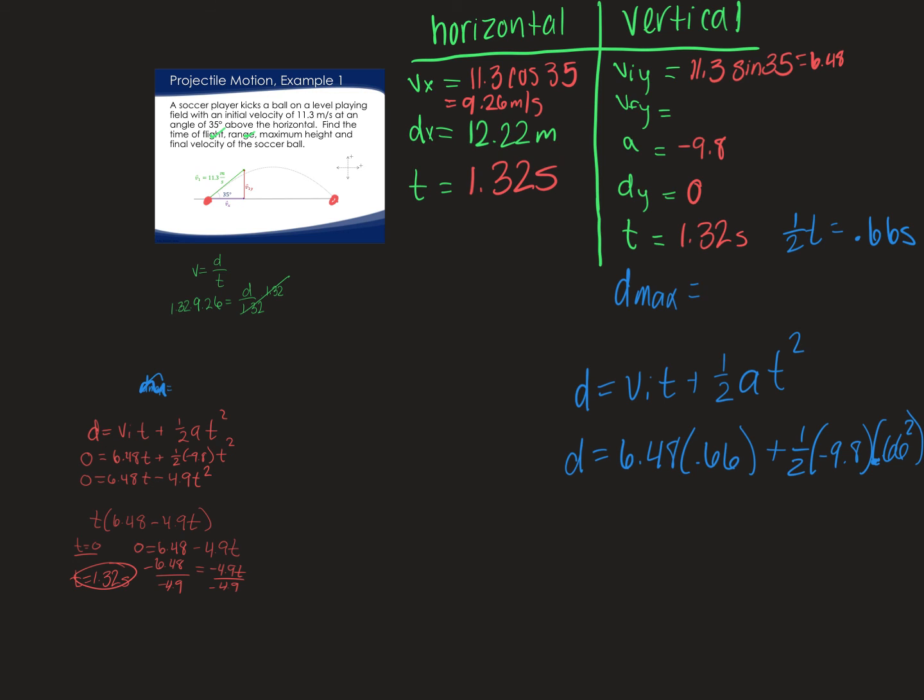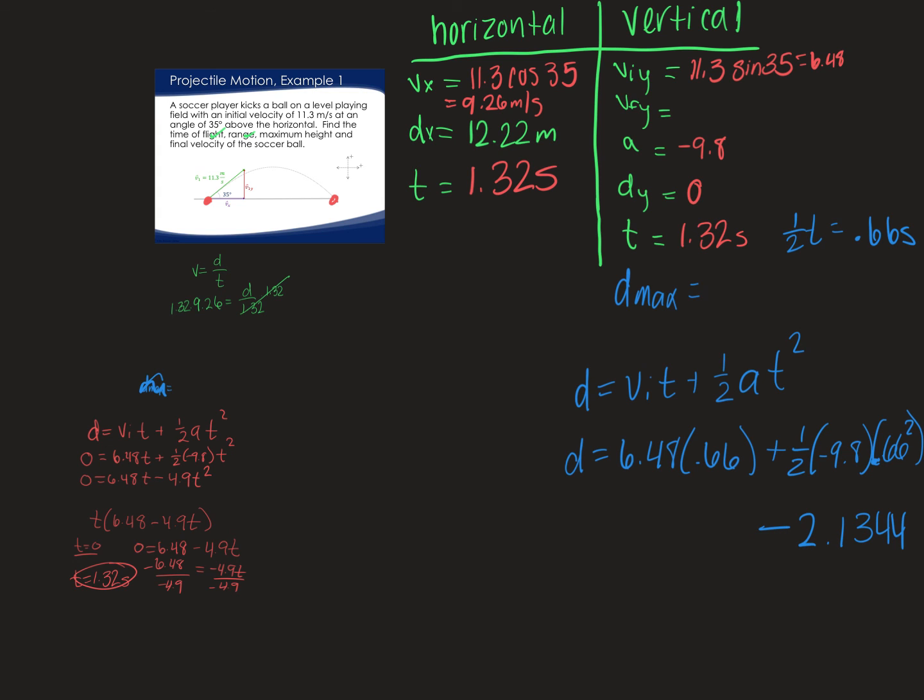So 0.66 squared is 0.4356. I'm going to multiply that times 9.8, and times 1/2, which gives us minus 2.1344.